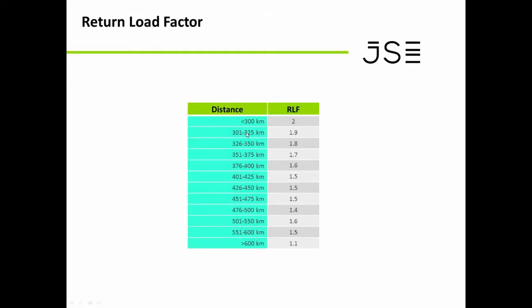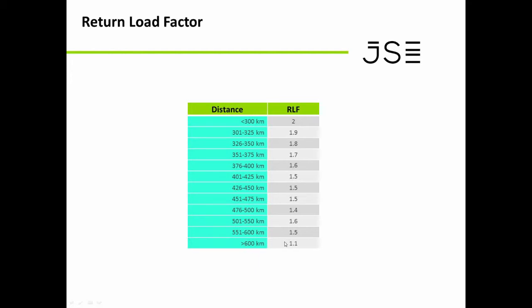And of course, what we also do is we try to do a sliding scale of the return load factors, where we say for distances less than 300 kilometers, it is in many instances very unlikely that the truck will come back with a return load. So we assume an empty return load in that case, and then your return load factor is 2.